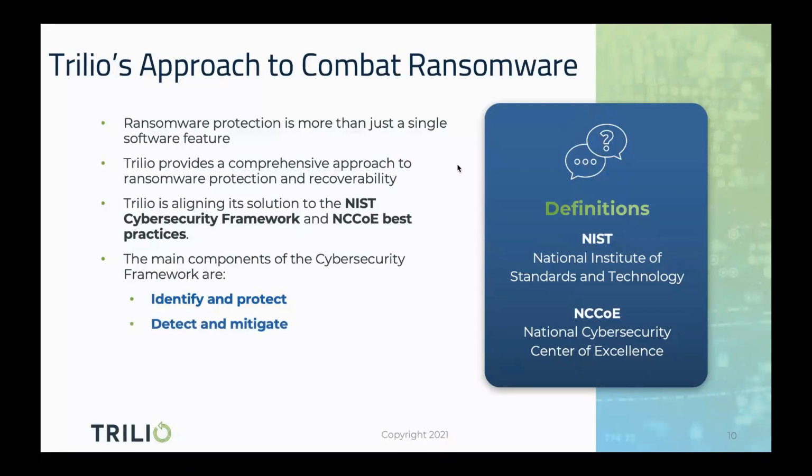The next step would be detect and mitigate, which would be along the lines of detecting when you see suspicious activity, whether it be in those backups themselves or on the clusters themselves. In the case of Trilio, because we're a backup and recovery solution, we help you with detecting malicious activity on that backup side.